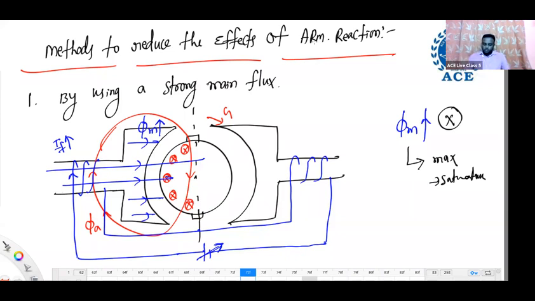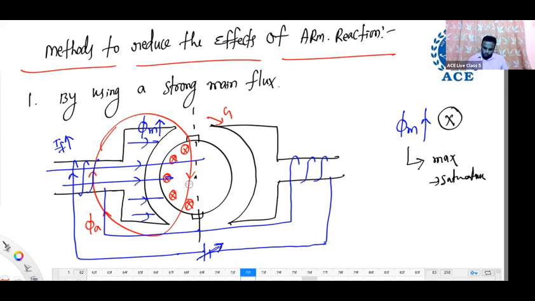Right here, what I said previously: by increasing the excitation of the field winding, the strength of main flux increases.